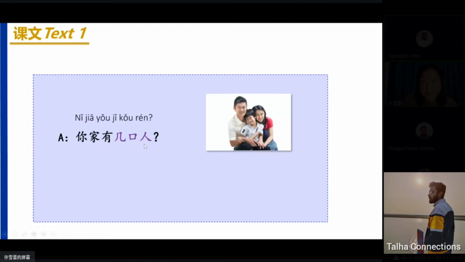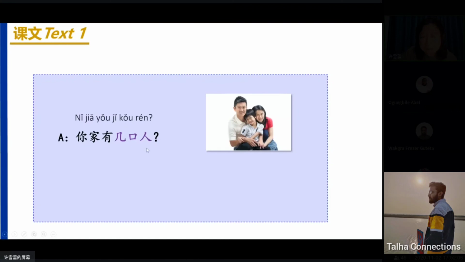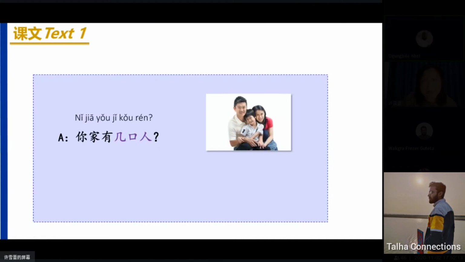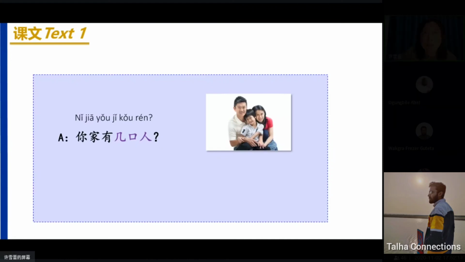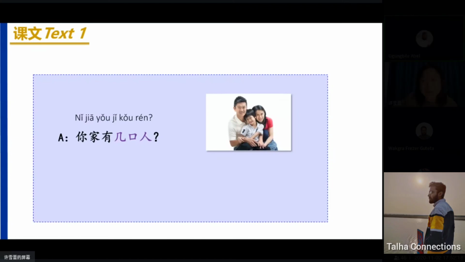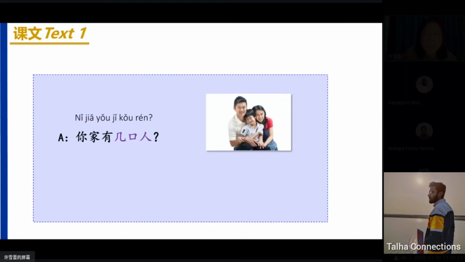So the meaning of this question is to ask how many people are there in your family. It's to ask 1, 2, 3, 4, 5, 6 people in your family.